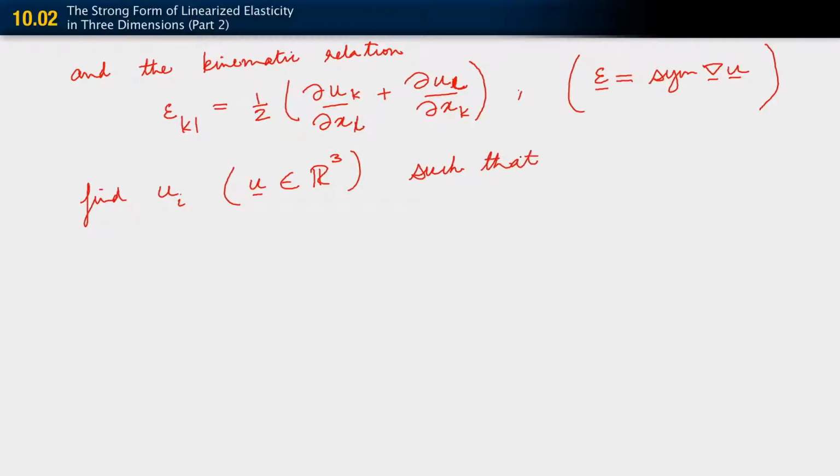the following hold. Let's first write out the PDE itself. The PDE is the following: sigma ij comma j plus fi equals 0 in omega.